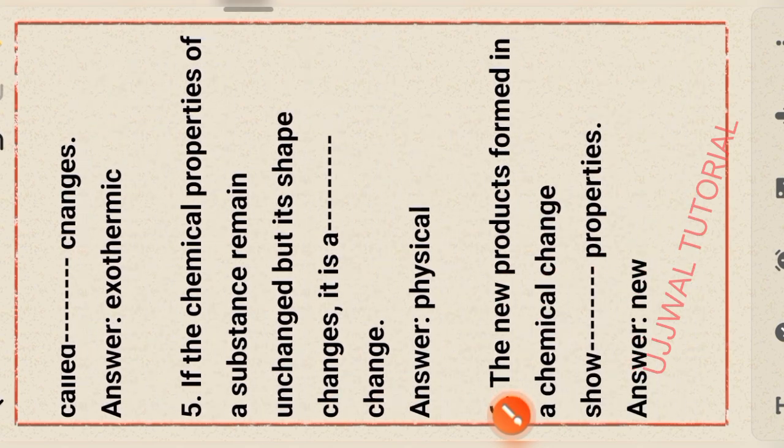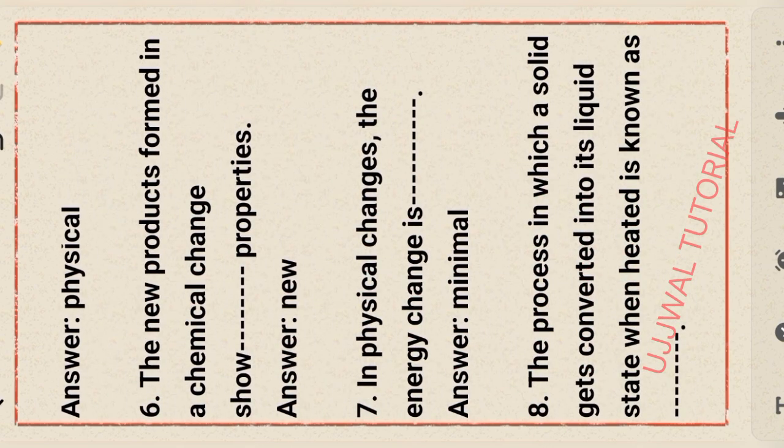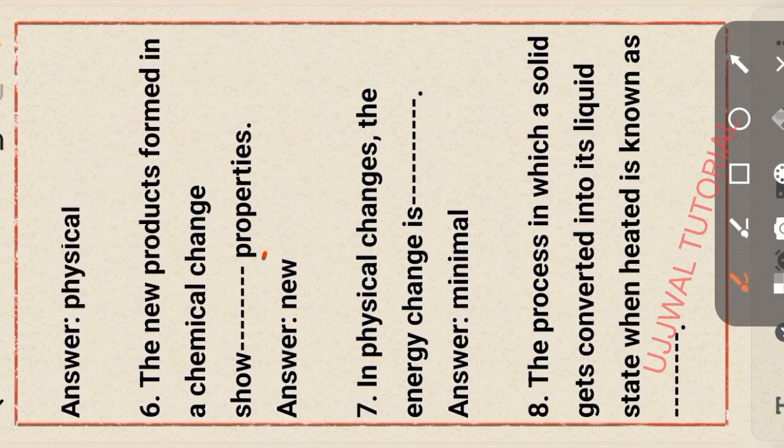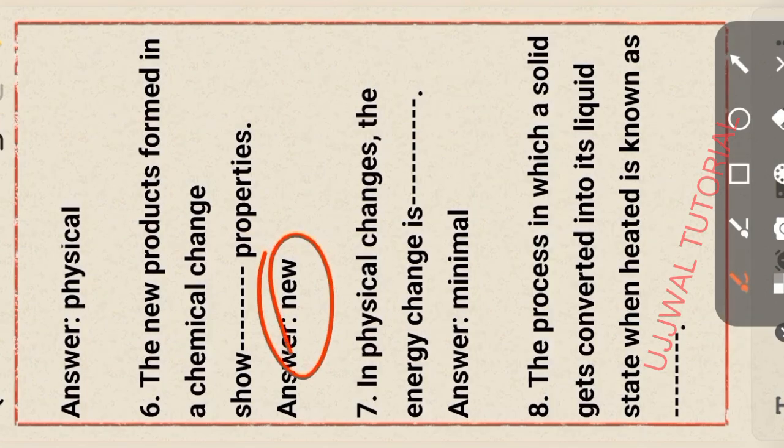Next question, question number 6. The new products formed in a chemical change show new properties. That is, the composition of the product is different from the initial substance, that is the reactant.